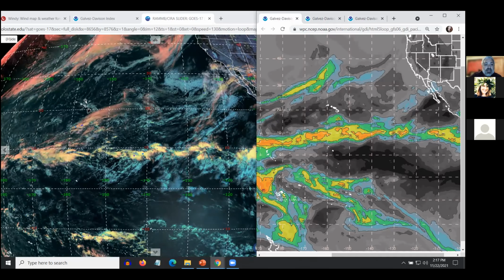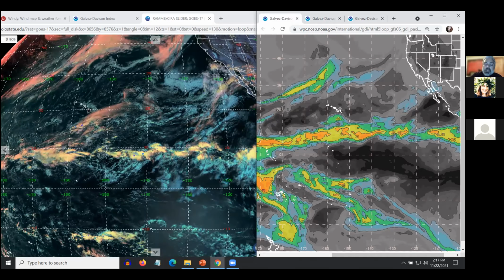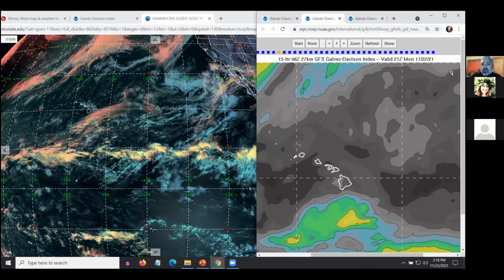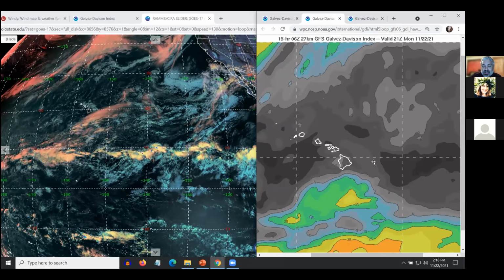And then this area of shallow convection moving into Hawaii, it's hard to see. We need to zoom in, but gladly, we do have a domain that we implemented for Hawaii a couple of years ago. And you can see this signature very clearly on this domain.